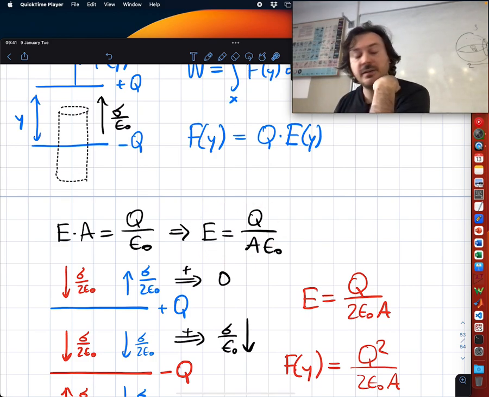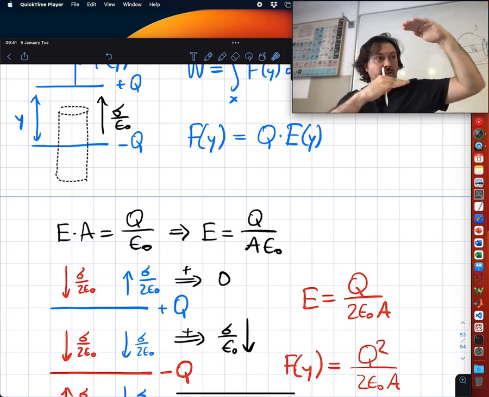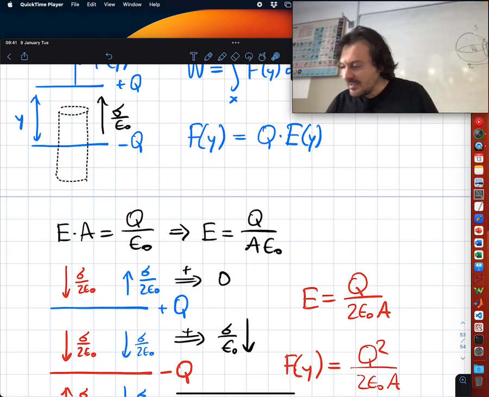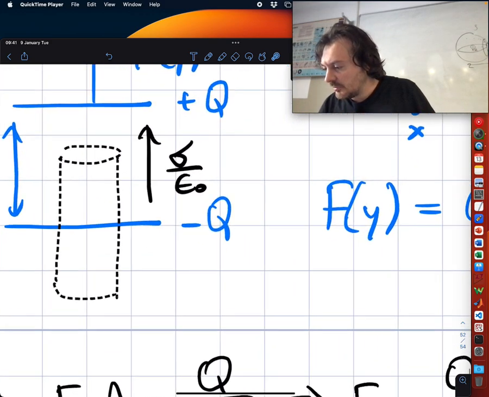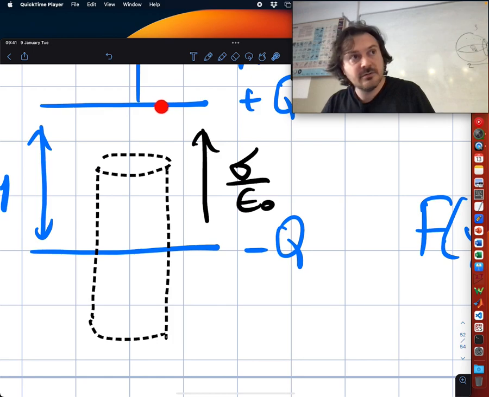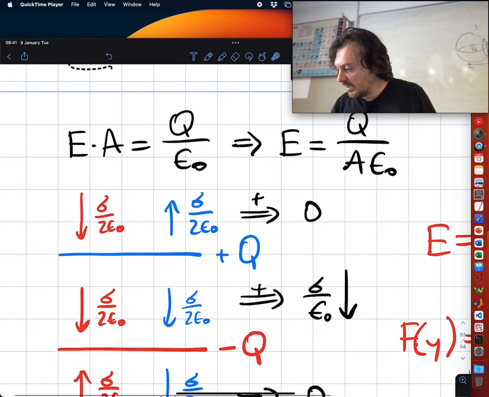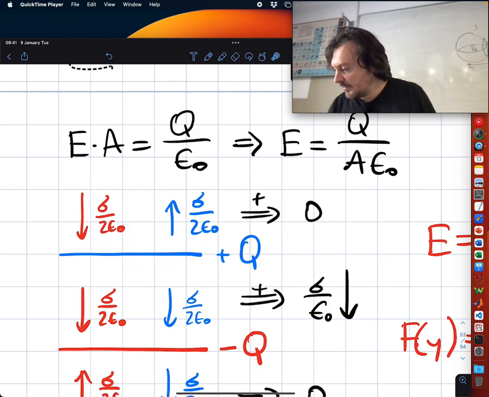The correct answer is that indeed, there is a total electric field that is that much in between. But right at the place where plus q is, this Gauss's surface is not touching here. This is in between. Right at the point where we have the plus q, we have zero contribution from this one, because over here it's down, over here it's up.